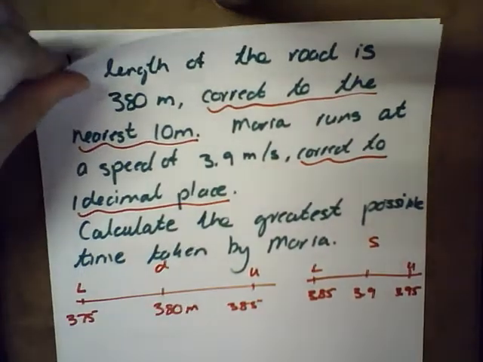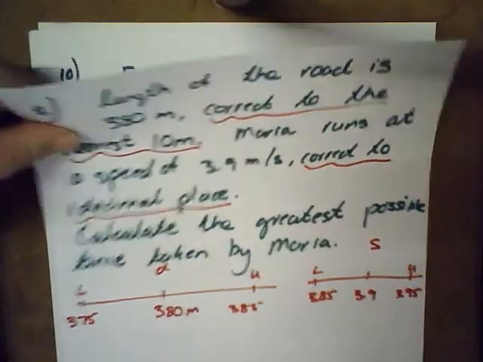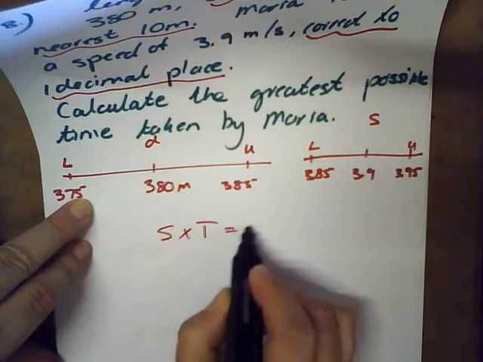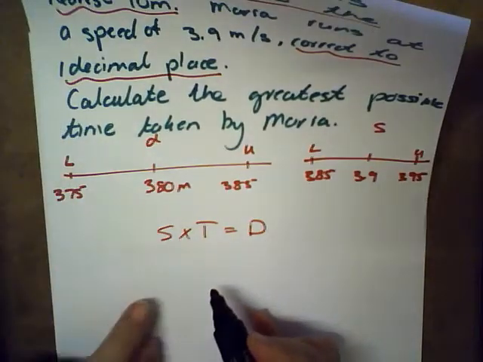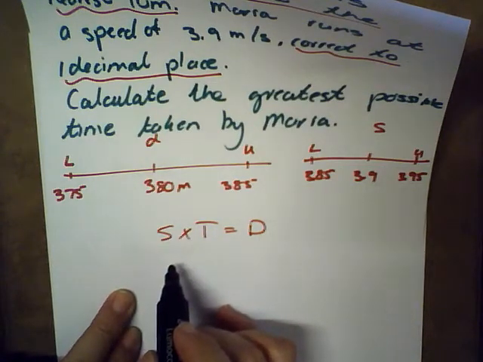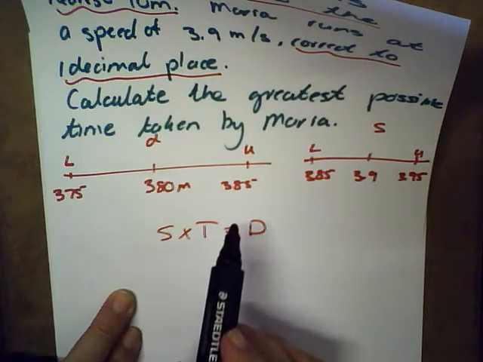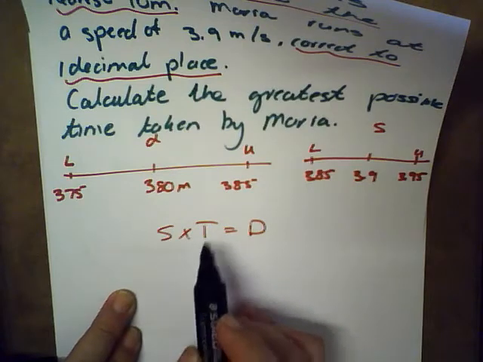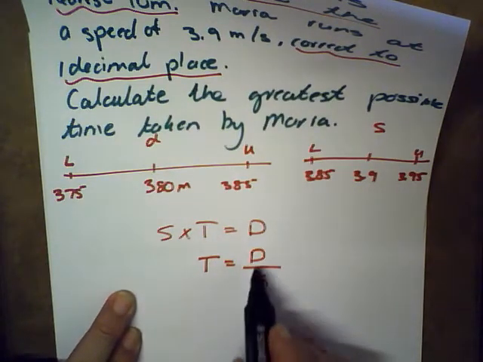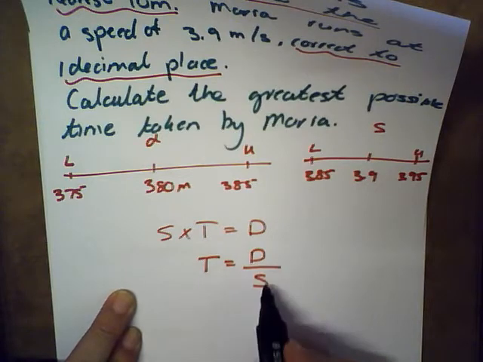Calculate the time. We know that speed times time equals distance. We'll calculate the greatest possible amount of time. So let's just solve for time. Time would be distance over speed. I want the greatest distance and the smallest possible speed.